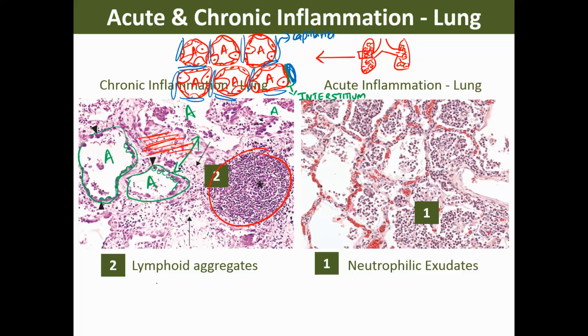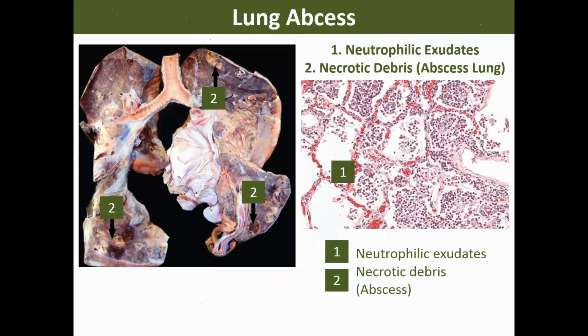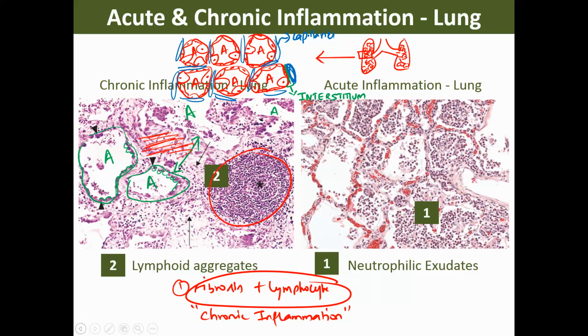Fibrosis plus lymphocytes, what is it? Some chronic inflammation is happening. Understand? This is chronic inflammation of the lung.